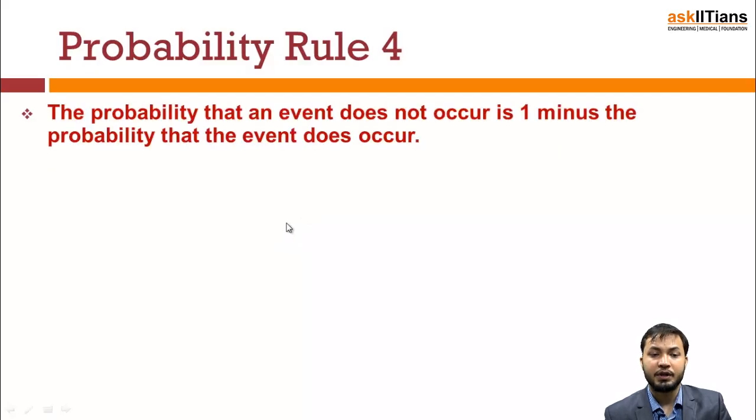Our rule 4 says that the probability that an event does not occur is 1 minus the probability that the event does occur. As we know, the probability of any event can never be negative. If you see that it is coming out negative, then understand that the event will not occur.